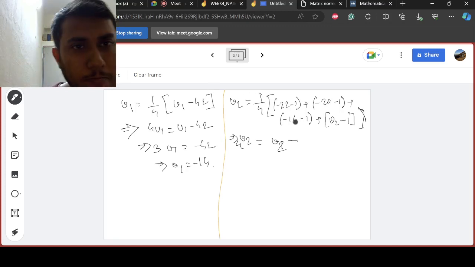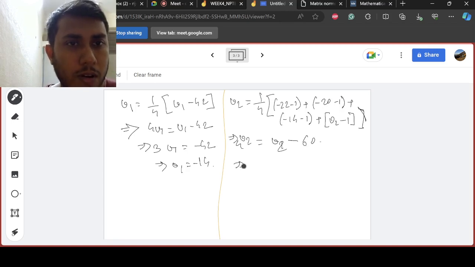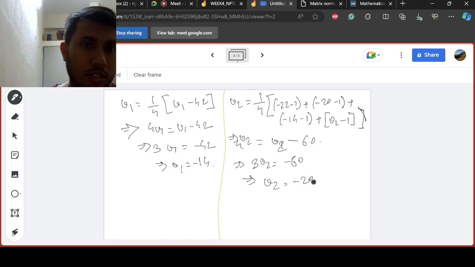So this will be minus 23, minus 43, minus 44, minus 58, minus 59, minus 60, or 3 V2 is equal to minus 60, or V2 is equal to minus 20, right?